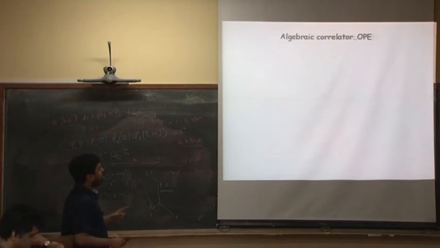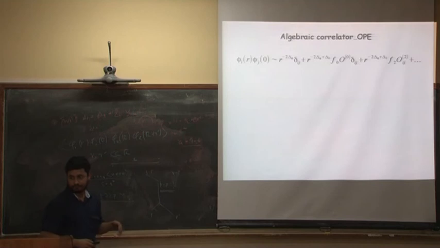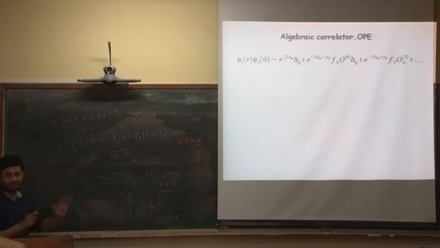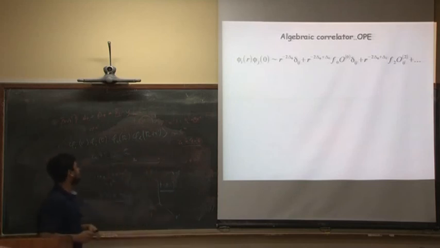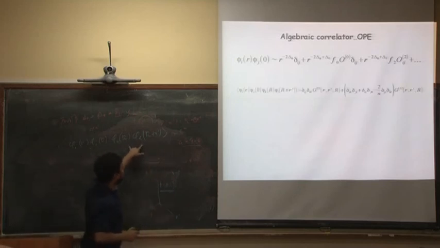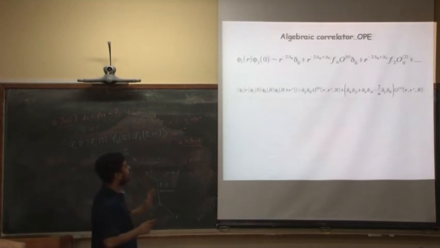So now what we have done, following Polyakov, at least for this time, trying to understand what he's doing, is to consider the OPE of these two and then these two, and then you can form the algebraic part. This is what you will call the algebraic correlator.